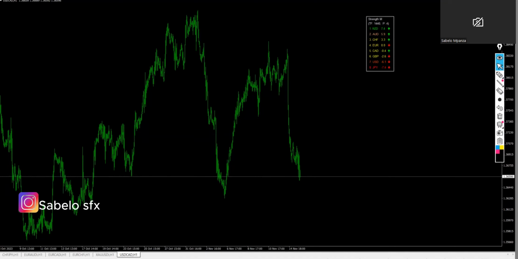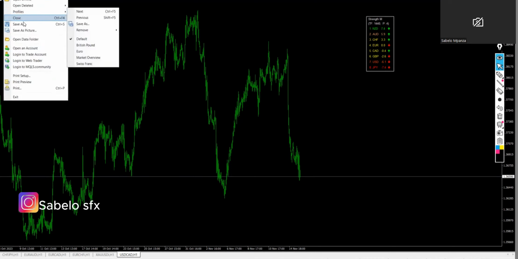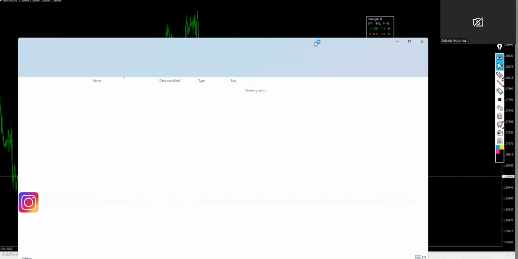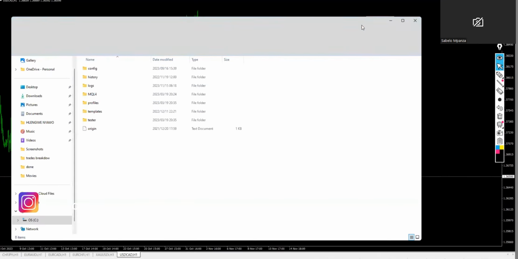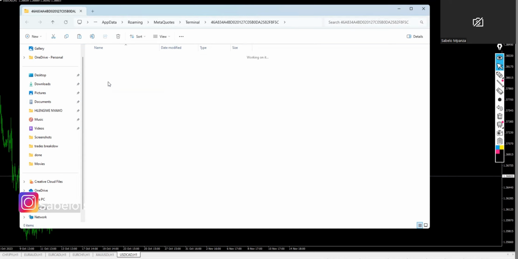Right, so we are going to come into our files, go to open data folder, and then we are going to come to MQL4.